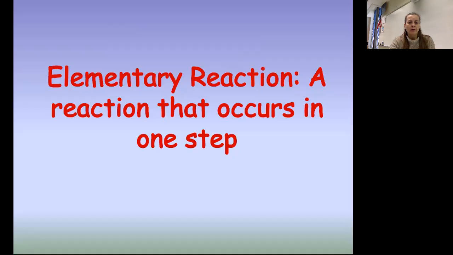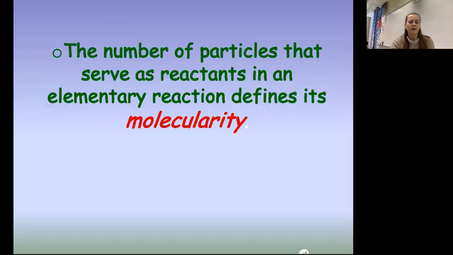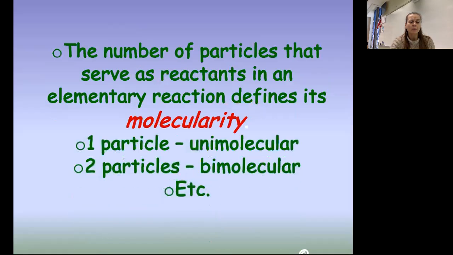So when we talk about reactions, there's a couple of terms we want to define. In addition to elementary reaction being one that occurs in one step, we're going to talk about the molecularity of reactions. And when we talk about the molecularity of reactions, we're talking about, is there one molecule involved in the reaction or two? If it's one particle, then we call it unimolecular. Two particles, we call it bimolecular.